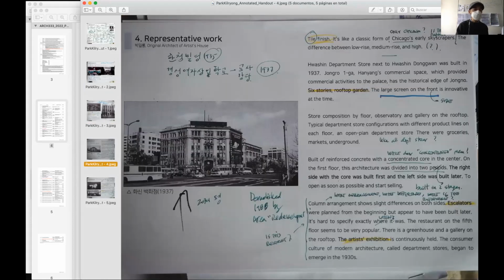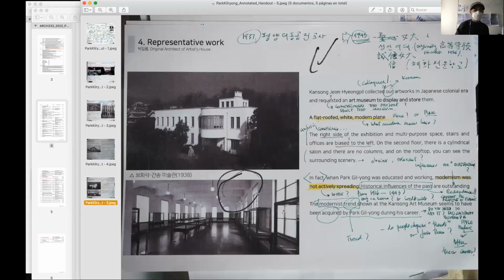This is the department store, so close to Ginza, right? But downsized. This is where now the Samsung building stands in the Chonga. It's kind of a robot building, kind of a co-working space, or it's just the Chonga corner. And this is one building.